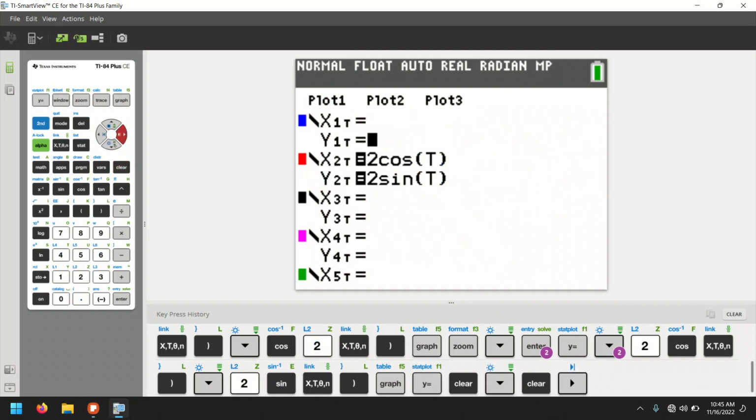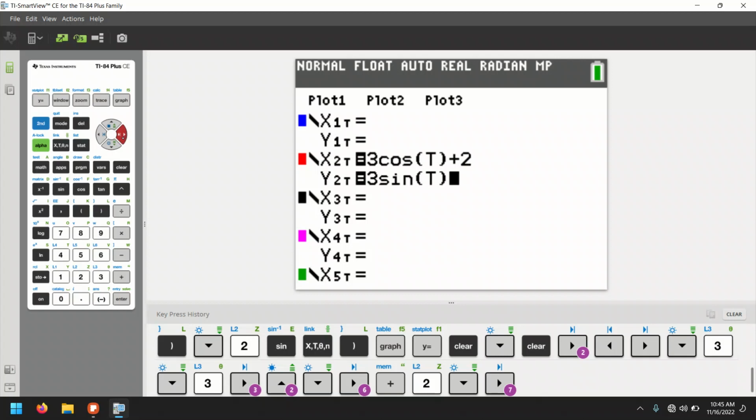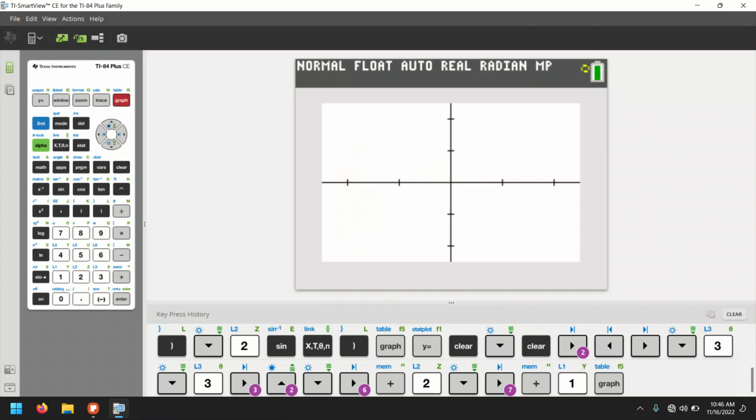Let me do a circle of radius 3, for example. But in this case, I'm going to shift this to have an h at plus 2 and a k at plus 1. Let's see what happens if it's shifted correctly.